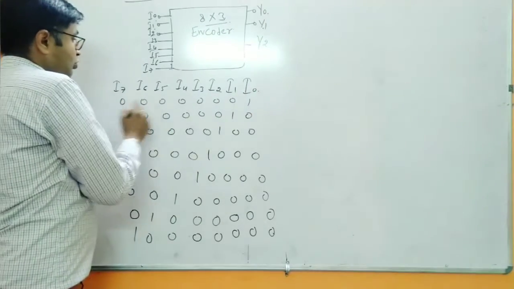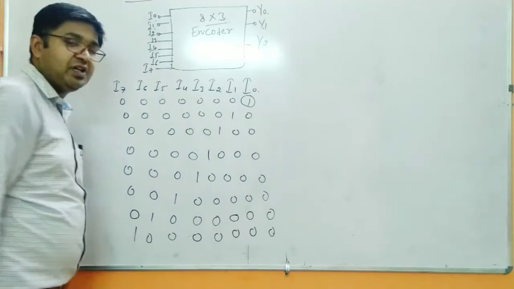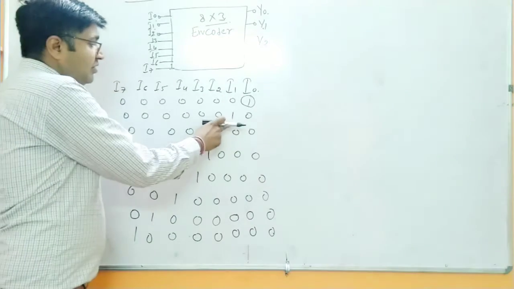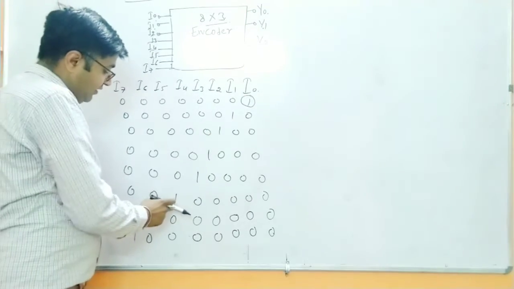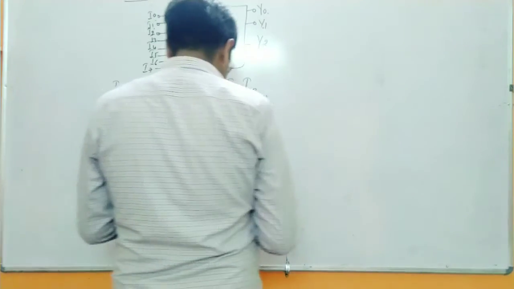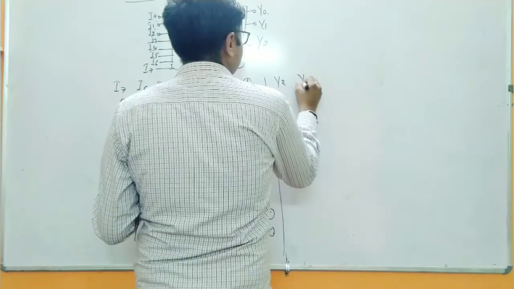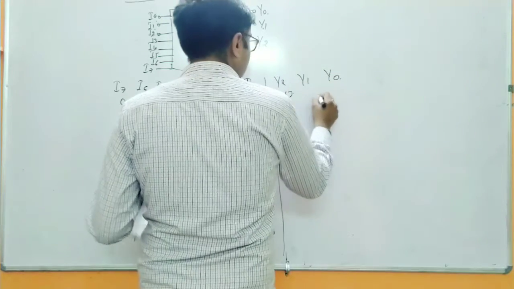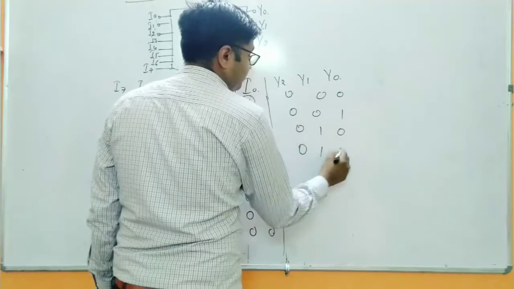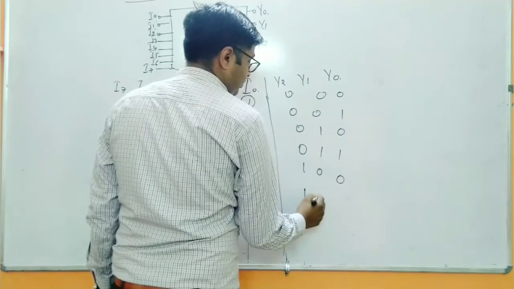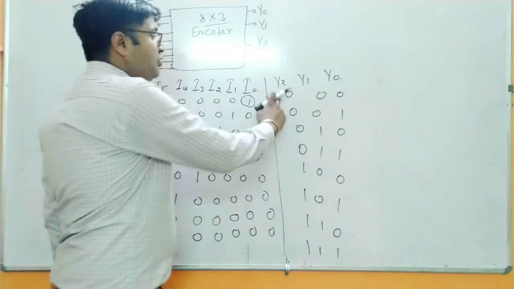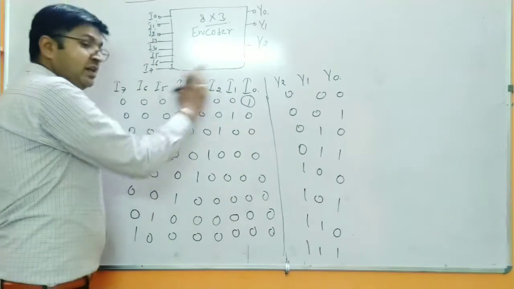First I0 will be enabled as high, and in the next part I1 will be high, then I2, I3, I4, I5, I6, I7, and the outputs Y2, Y1, Y0 will be shown like this.